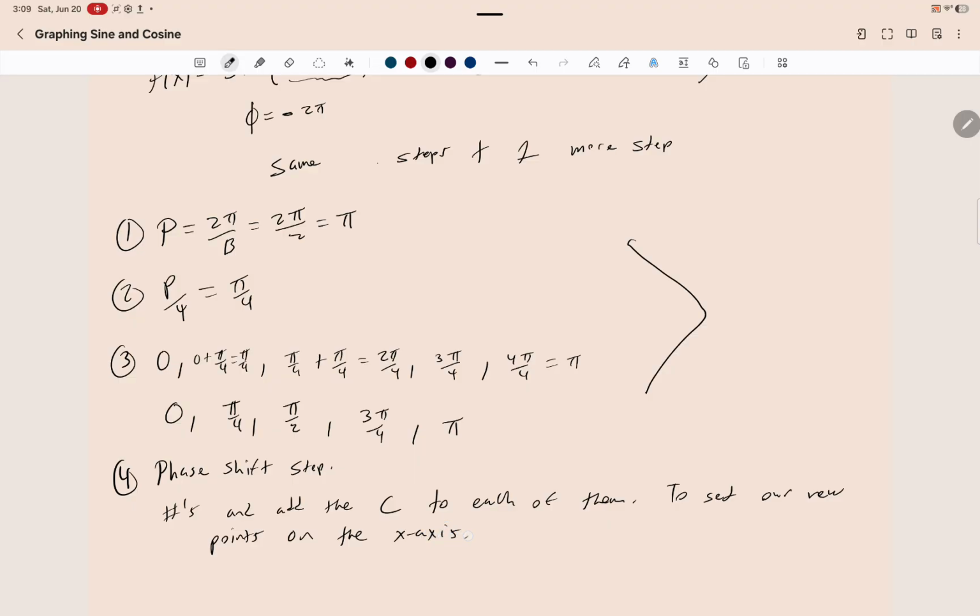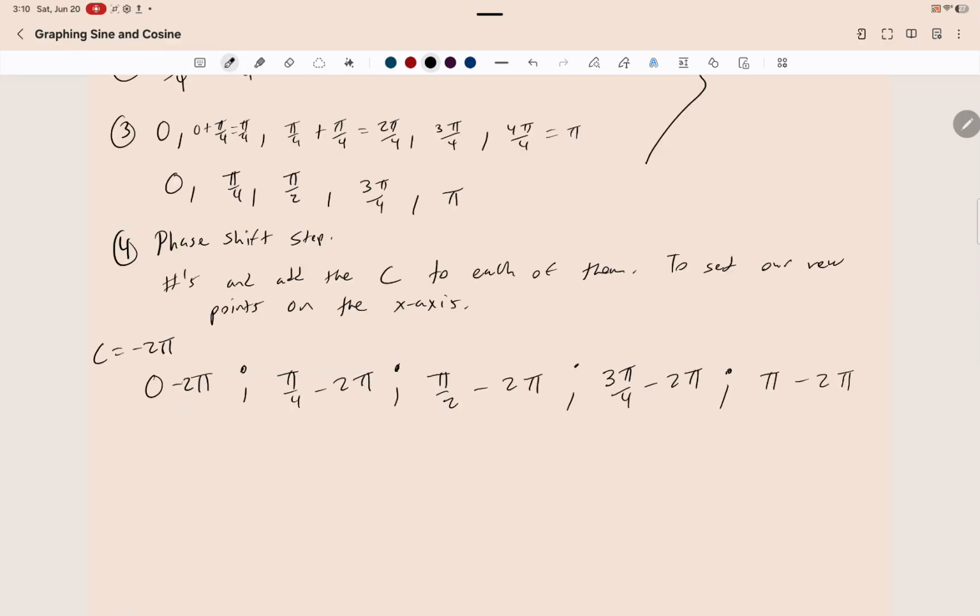All right, cool, so let's do that. From above, our phase shift was negative 2 pi. So I'm taking the numbers found in step 3 and subtracting 2 pi from each of them. Well, I'm actually adding negative 2 pi, but it's subtraction. Okay, whatever. So negative 2 pi.